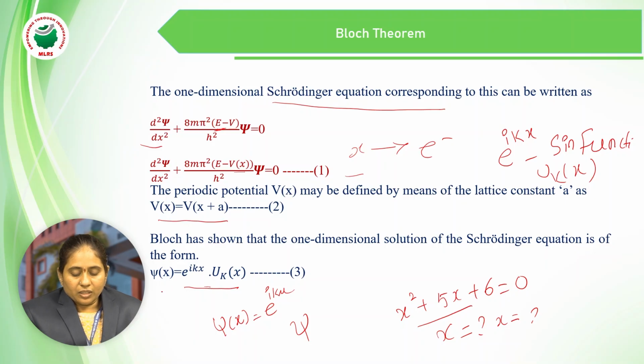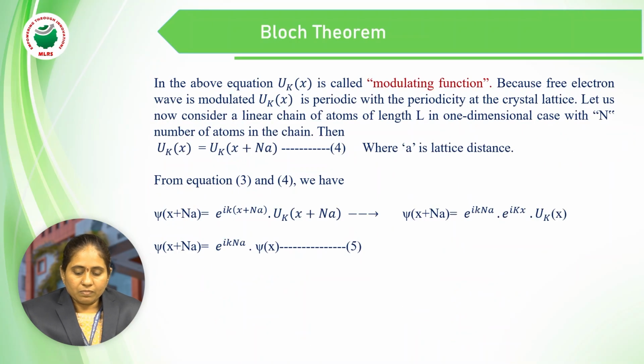But here, Bloch has assumed that the solution of the equation is in the form of the product of two terms: one is the exponential term, another is the modulating function. Where uk of x is a modulating function and e power ikx is the sine or cosine wave function.